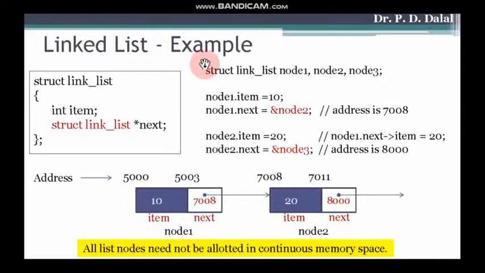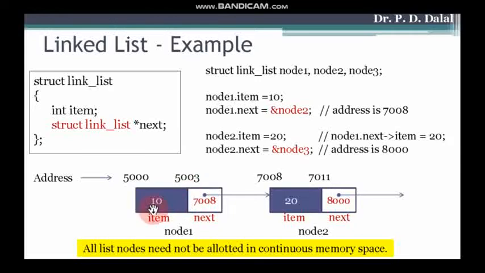If you see the linked list example, this is considering the same definition. If this is your node 1, then node 1's item value is 10, and node 1 dot next means this pointer will have the address of node 2. So assume the address of node 1 is 5000 and the address of node 2 is 7008.